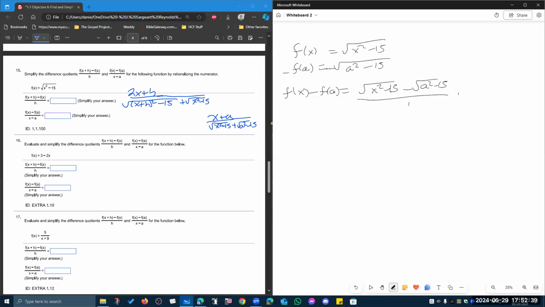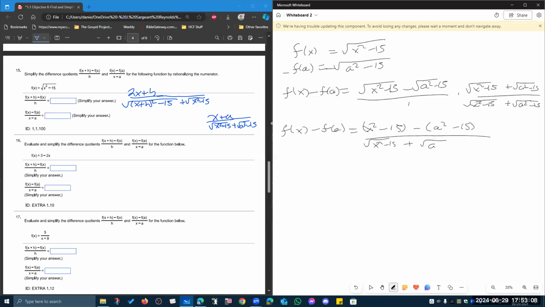Multiply by the conjugate, root x squared minus 15 plus root a squared minus 15. It's going to be f of x minus f of a is x squared minus 15 minus a squared minus 15 over root x squared minus 15 plus root a squared minus 15.